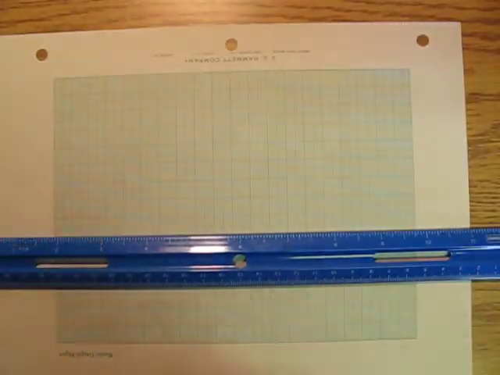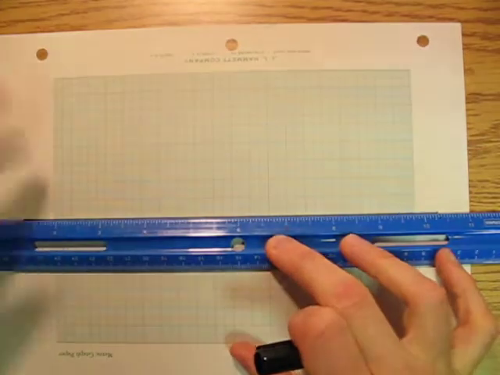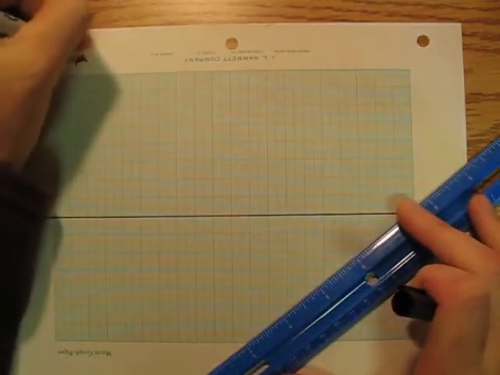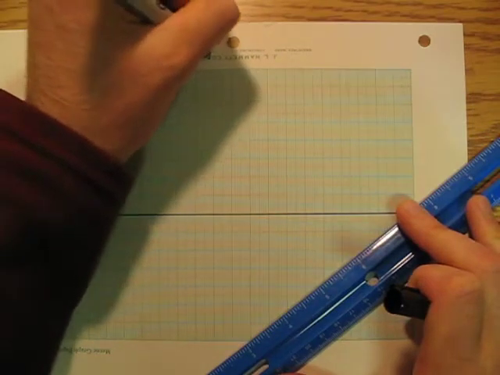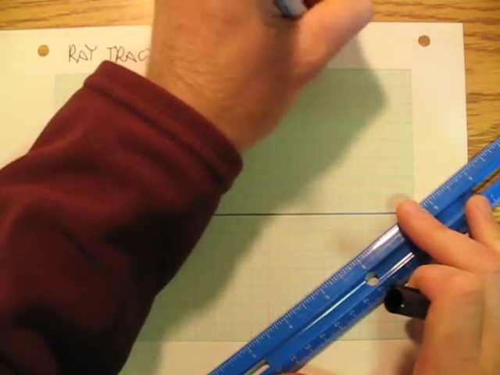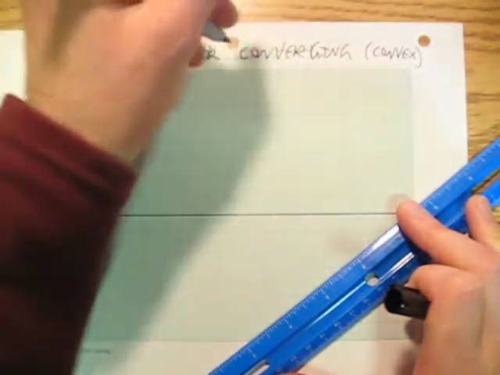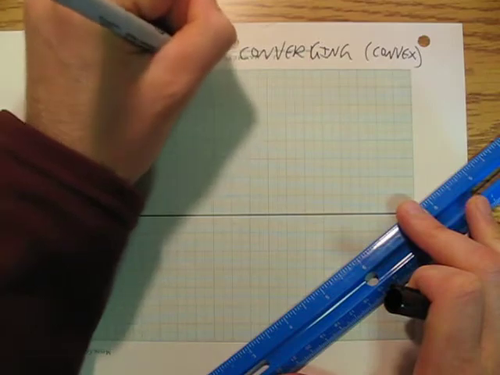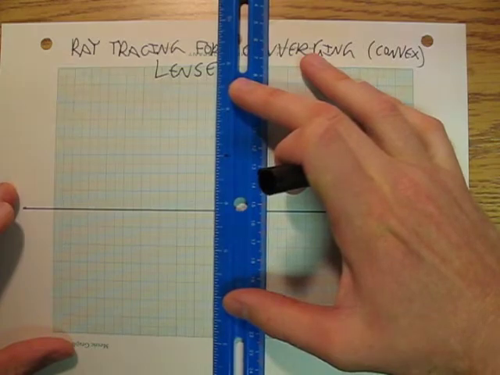So I'm going to create an optical axis. And we're going to put a lens somewhere in the middle here, like this.